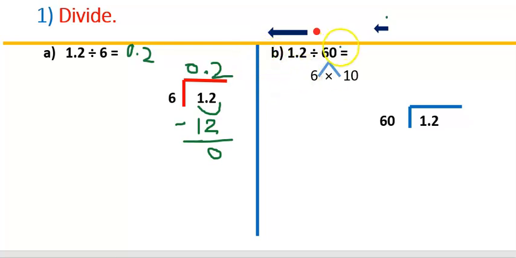B. 1.2 divided by 60. 60 means 6 times 10.